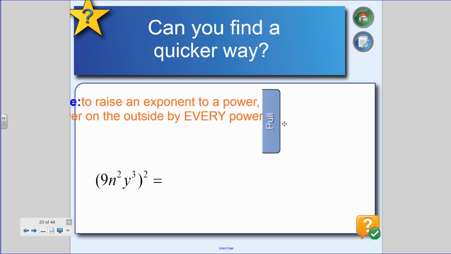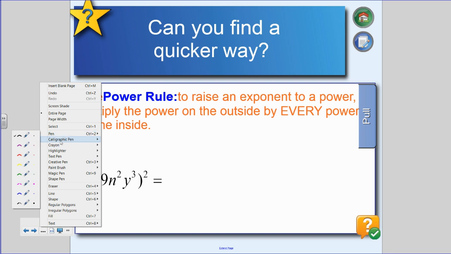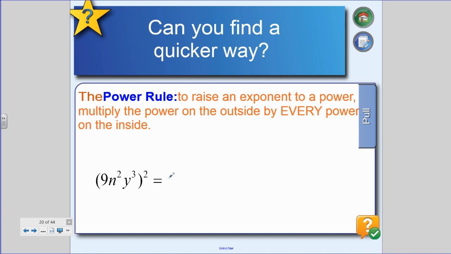The power rule says that to raise an exponent to a power, we multiply the power on the outside by every power on the inside. So in this next example, I've got this other monomial, 9n squared y cubed, raised to the 2nd power. This power of 2 gets multiplied by everyone on the inside.